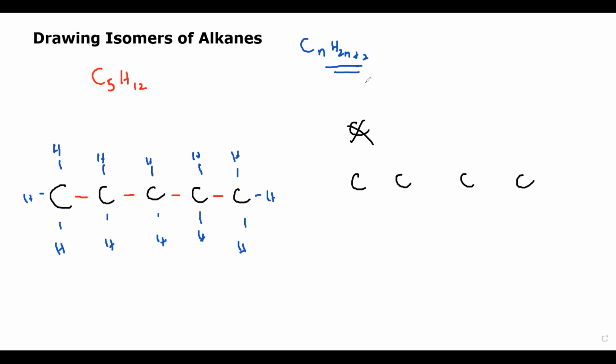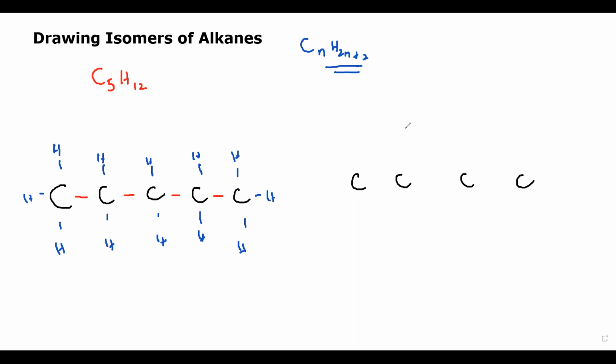A branch cannot be on the first carbon. A branch always starts at the second or third. So I cannot draw a branch on the far left hand side, that will be wrong. Or on the far right hand side, that will be wrong, because that is not considered a branch. The branch should be in between, and I can draw it up or down. That does not make a difference.